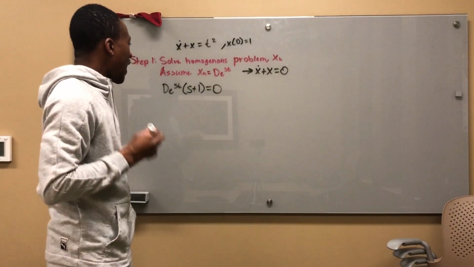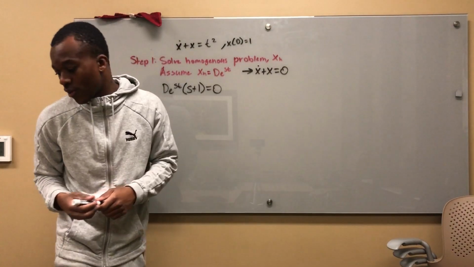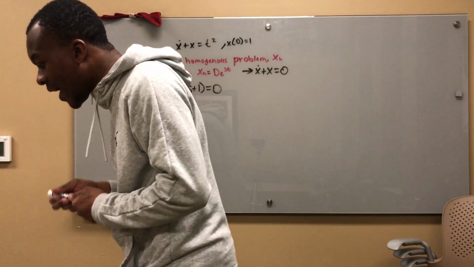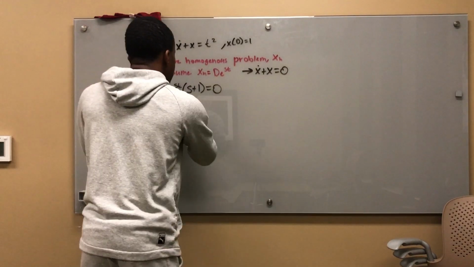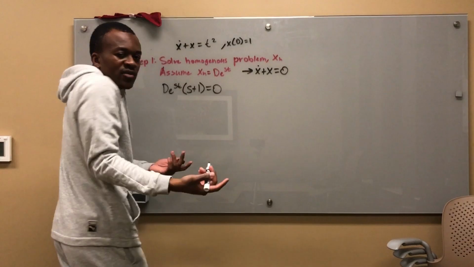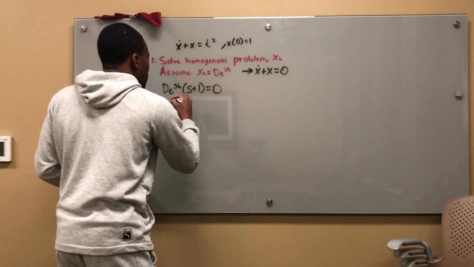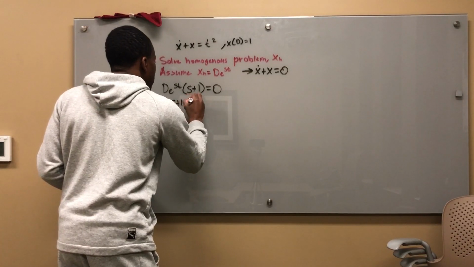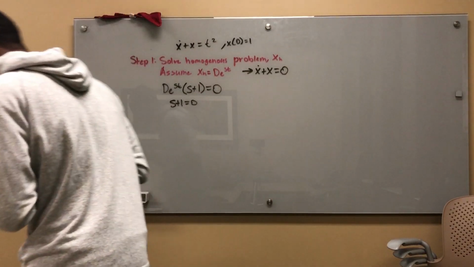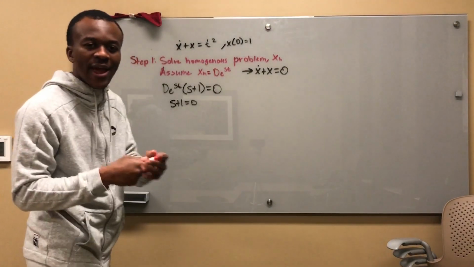I can basically divide both sides by d e to the st, and when you divide 0 by something, it becomes 0. So my s plus 1 is now equal to 0, and this is what I call my characteristic equation. You can do this in your head at some point.